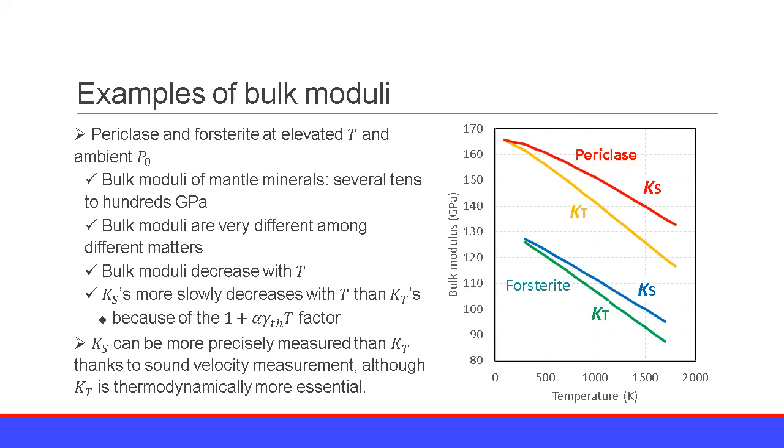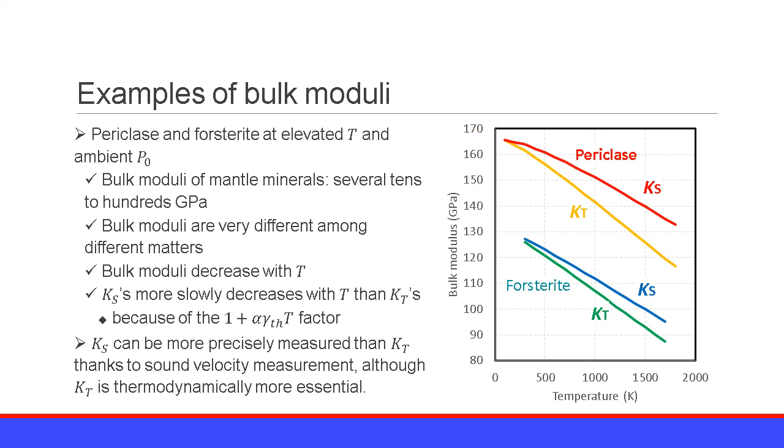The blue curve is the adiabatic bulk modulus of forsterite, and the green curve is the isothermal bulk modulus of forsterite. We can see that the bulk moduli of mantle minerals are several tens of GPa or hundreds of GPa.